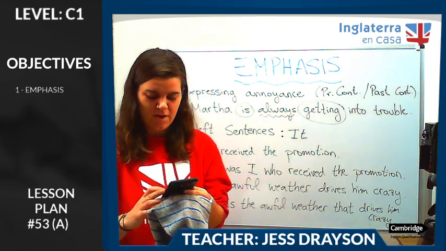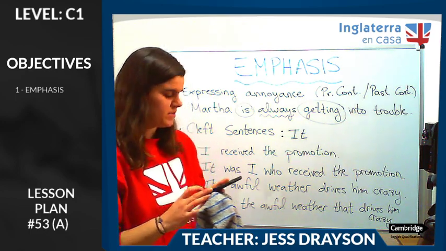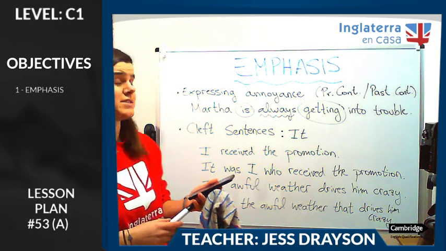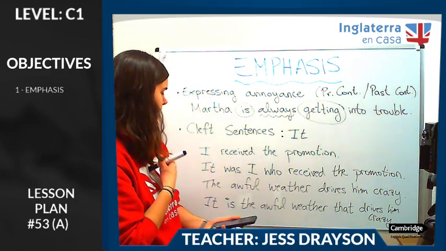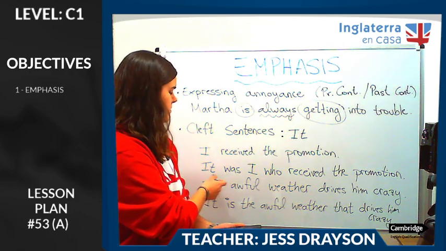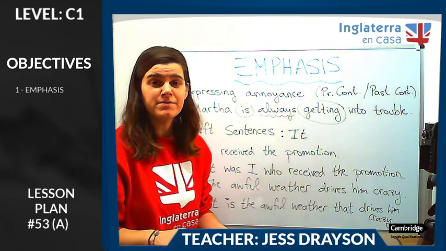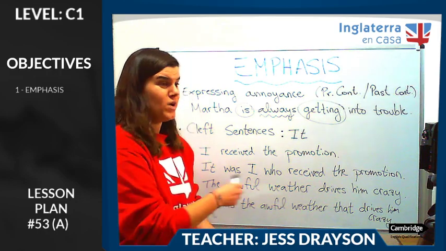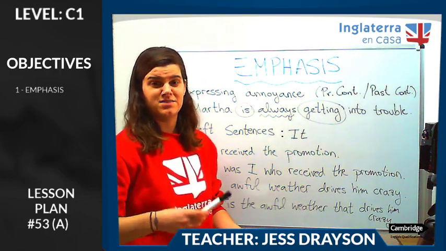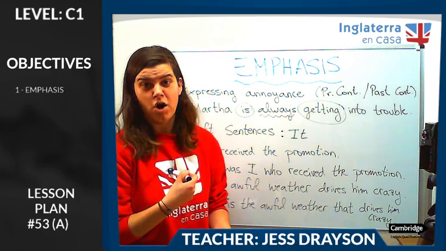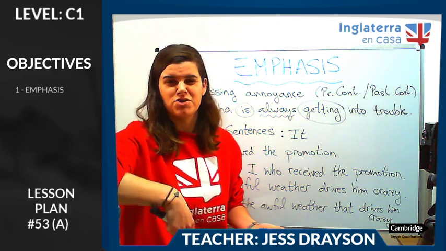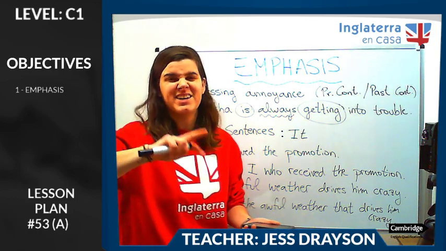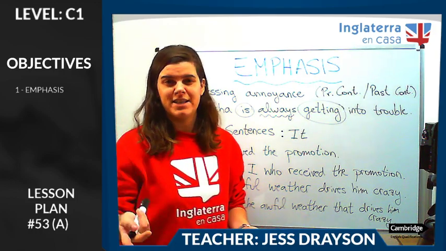Oh, Raquel. Even if you write was, the verb is in past tense. Yes, because this action finished in the past. Okay? It was I. If you say it was I who receives the promotion, you say it was I, you're talking about the past. So you're saying I got this. But then if you say I who receives the promotion, then you're talking about now. So there would be an inconsistency between your tenses.